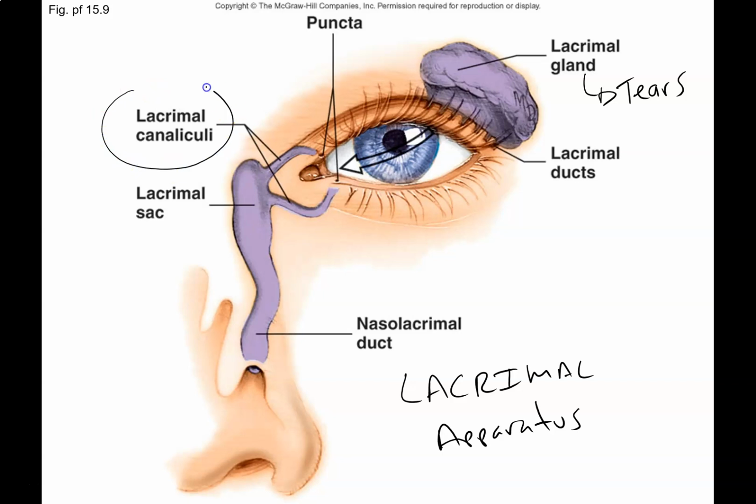The lacrimal canaliculi, which are small tubes or canals which open up from the medial corner of the eye. They lead to the lacrimal sac, and then the nasolacrimal duct, which empties out into your nasal cavity below a piece of bone referred to as the inferior nasal concha.